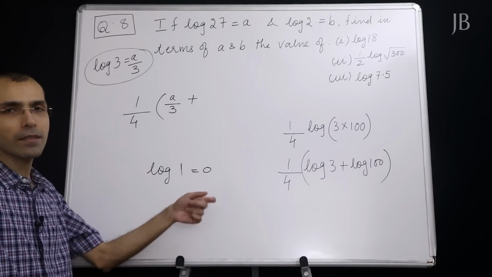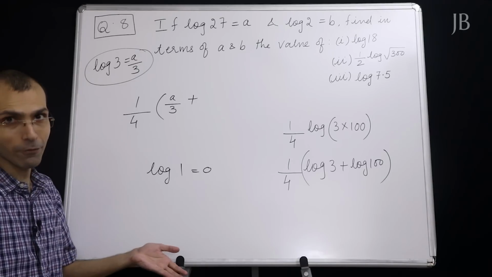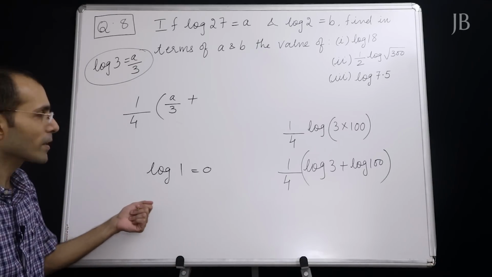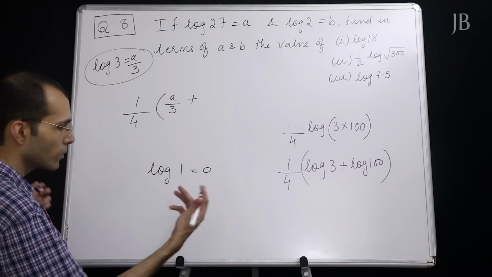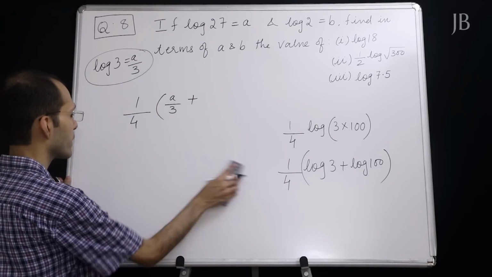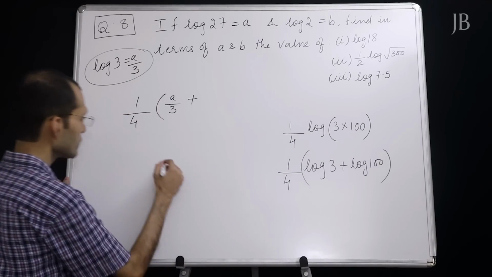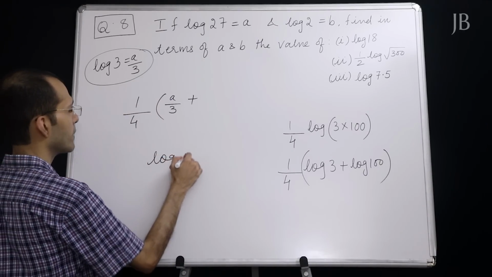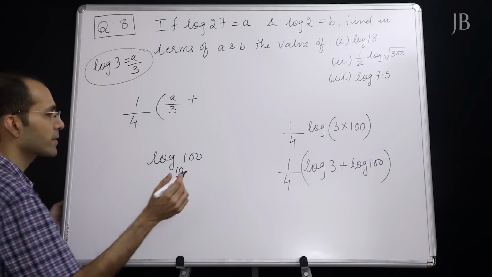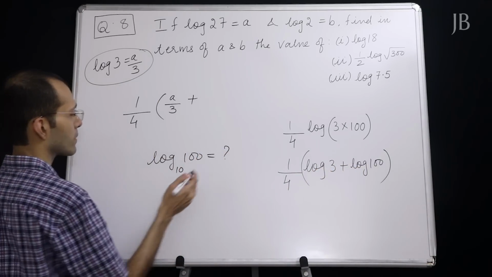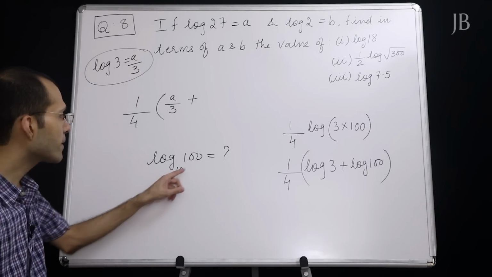Log of 10 is 1 to the base 10, of course, but we don't normally write that base 10. Log 100 will be 2. If you would like to know how, here it is. Log 100 we want to find to the base 10. No base given means base is 10. What is the answer? 10 raised to what?